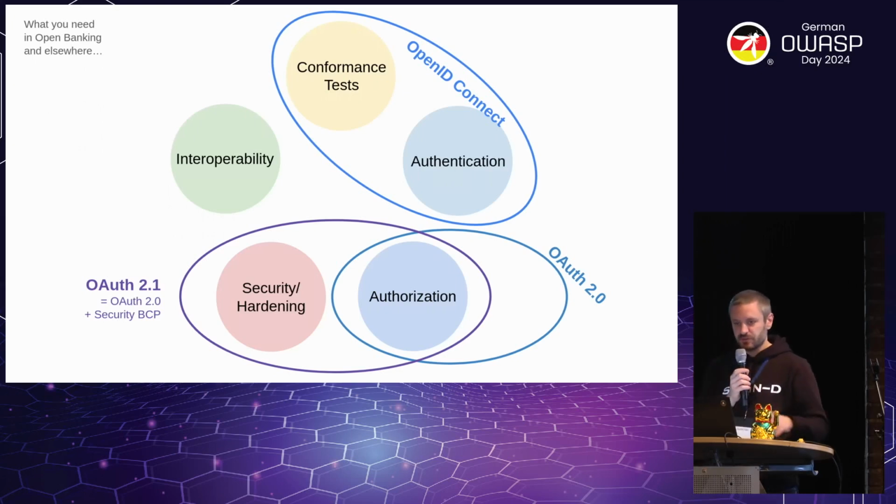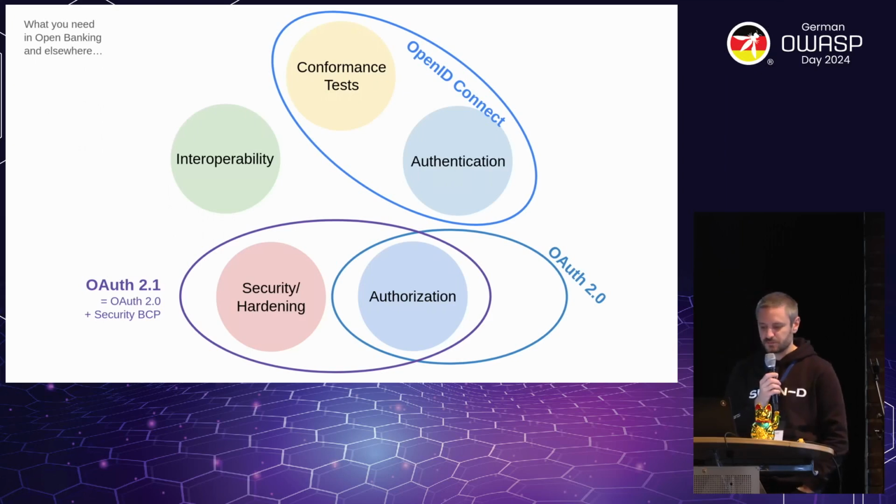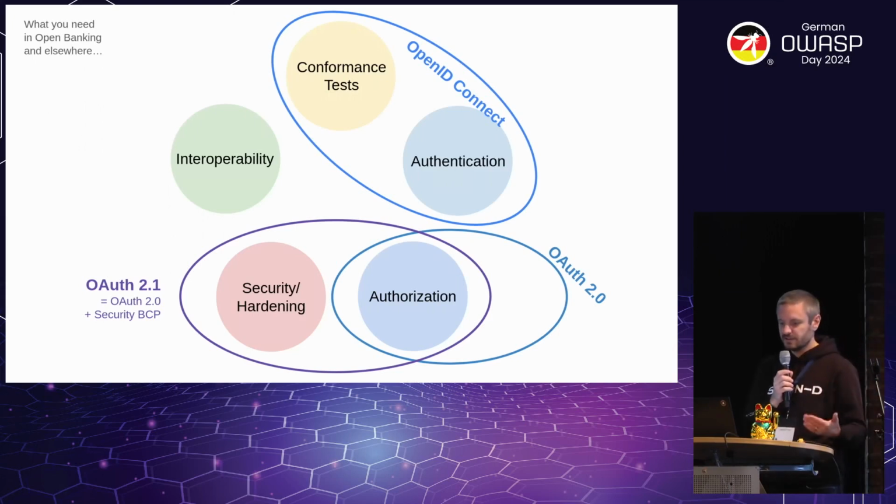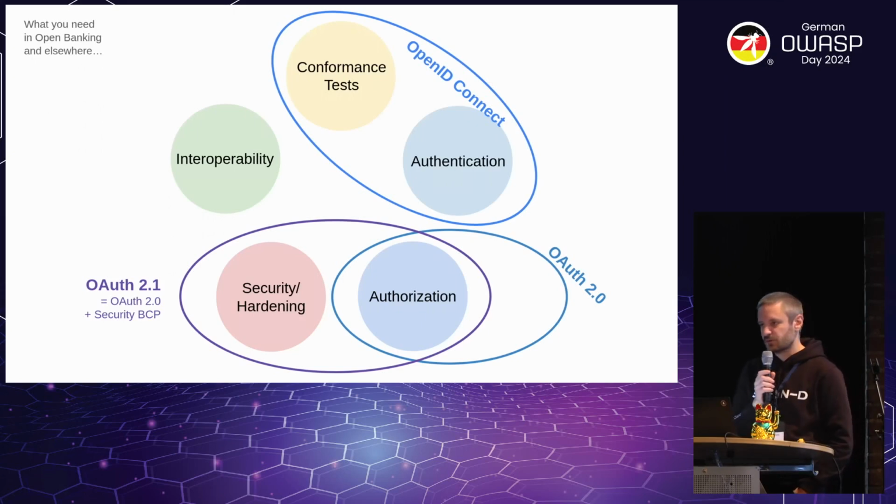Also, the document is restructured. Some of it is written with the knowledge that we have today and not the knowledge we used to have back then when OAuth 2.0 was written. So OAuth 2.1 is a great way to get a more secure implementation of OAuth. So maybe you don't even need to read the original OAuth draft anymore, but read the OAuth 2.1 thing.